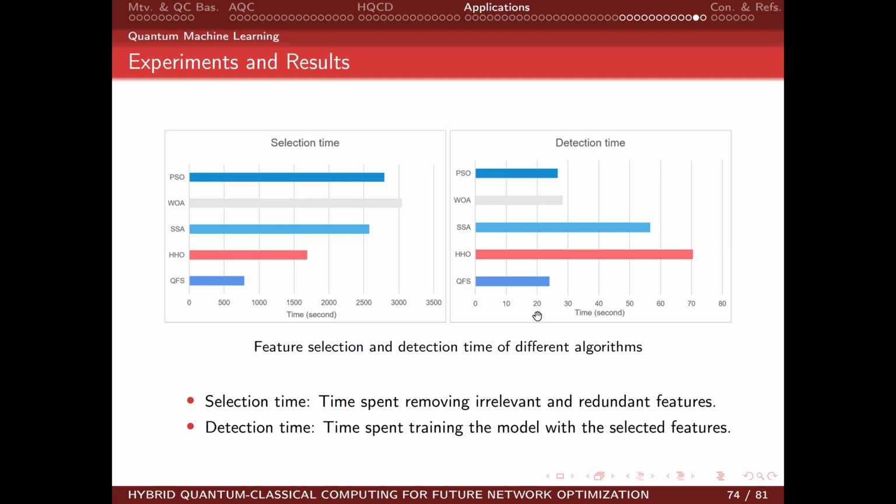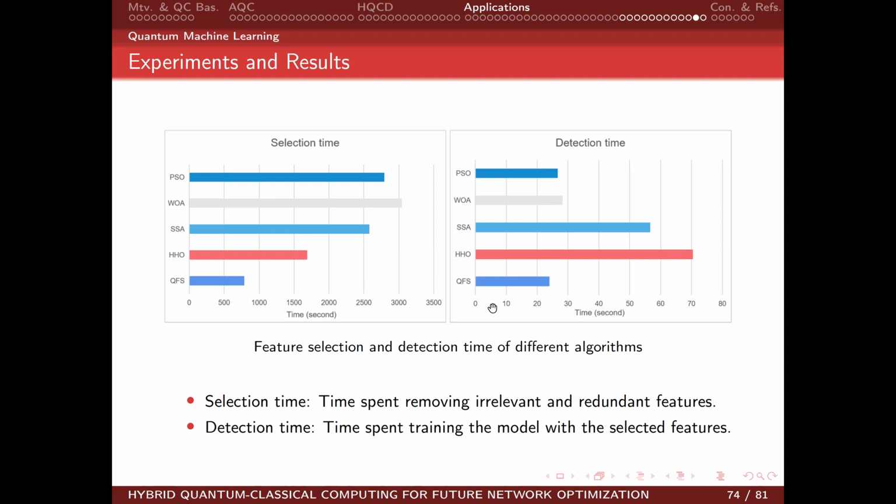The time we spend training is much less compared to other algorithms. For example, here the HHO algorithm provides the features, and training based on the features provided by HHO takes 70 seconds.